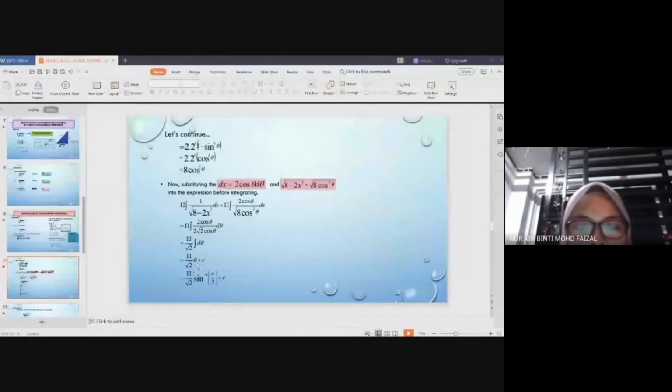Okay. And then just substitute the value of theta. Where can we get the value of theta? As seen like this, the final answer is pi over square root of 2 times sine inverse of x over 2 plus c. The value of theta, we just take it from x equal to 2 sine theta.